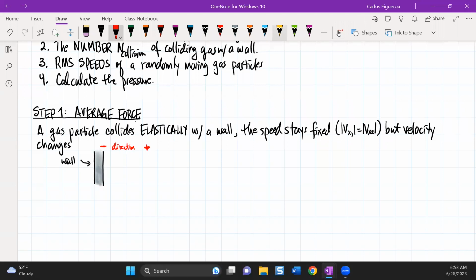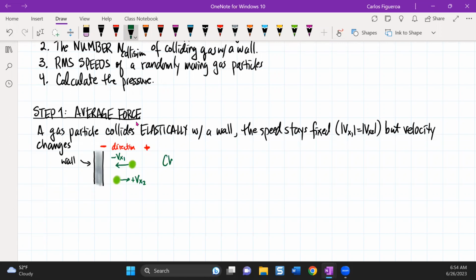Now I have a gas particle coming in, moving in this direction. That velocity is in the negative direction. After the collision, it moves in the positive x direction.